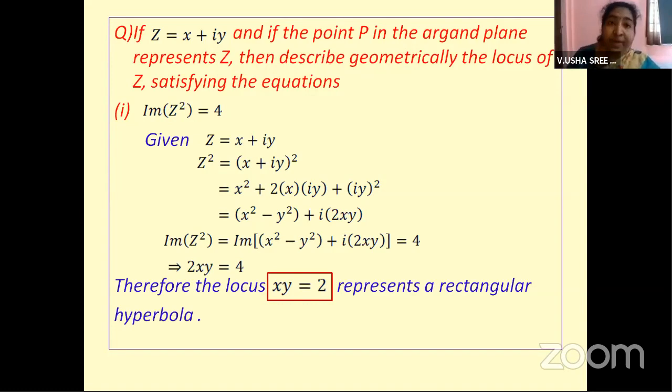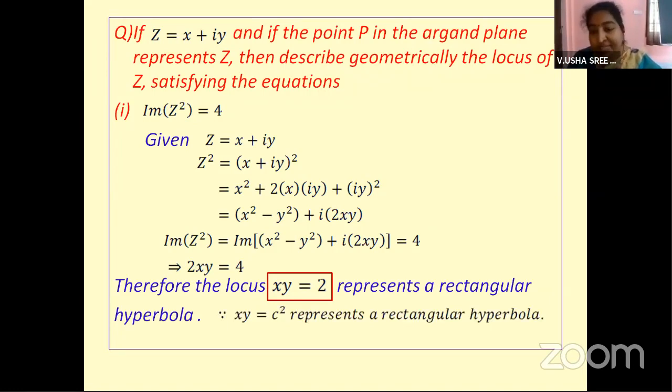Now, x square minus y square equal to a square represents a rectangular hyperbola. If that is rotated through an angle of 45 degrees in clockwise direction, then we will get one equation that is xy is equal to c square.